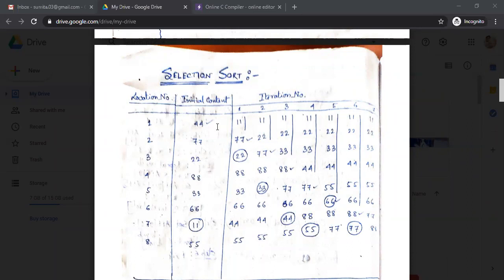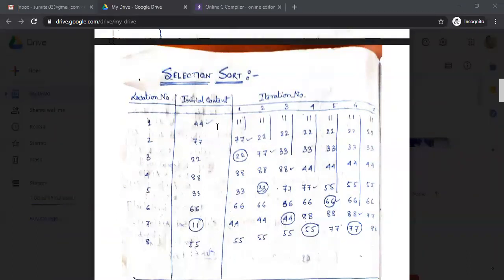Let me clear it one more time. As with the previous two algorithms, the concept is the same. We have to execute our outer loop 7 times. If your n is equal to 8, you have to execute your outer loop n-1 times. Why? Because if we arrange 7 elements, then the 8th element is automatically arranged according to its requirement.